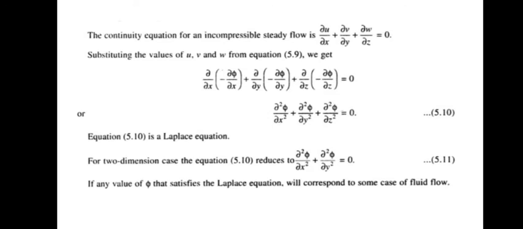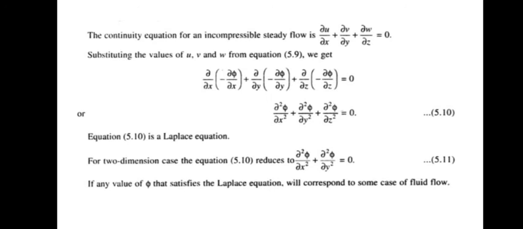Any value of phi that satisfies the Laplace equation will correspond to some case of fluid flow. That means if the velocity potential function satisfies the Laplace equation, then we will consider it a possible case of fluid flow. That means it will be the actual case of fluid flow.